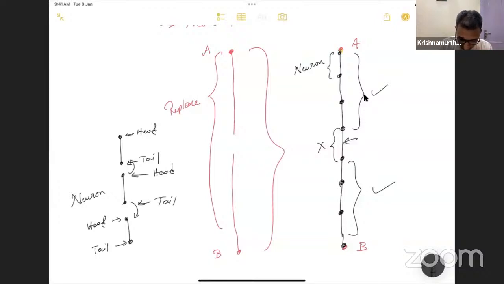So the head of one neuron will connect to the tail of the another neuron. And the tail of this neuron will connect to the head of the other neuron. So the head connects to the tail. So that is how the connection happens. Okay. This much is easy to understand.